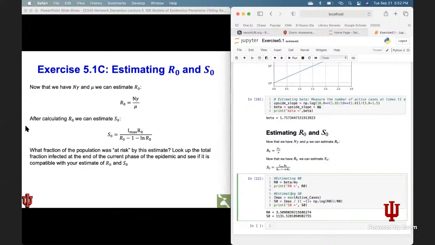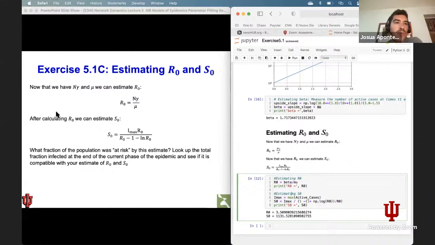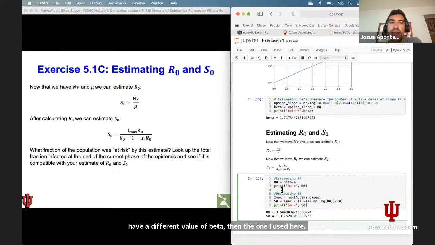Well, Ryan, make sure to run it again because you have a different value of beta than the one I used here. So you should expect to get slightly different values of R naught and S naught.